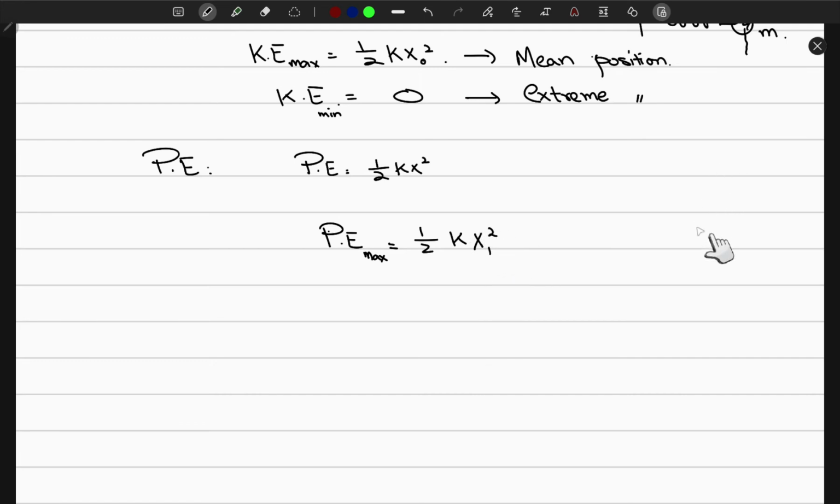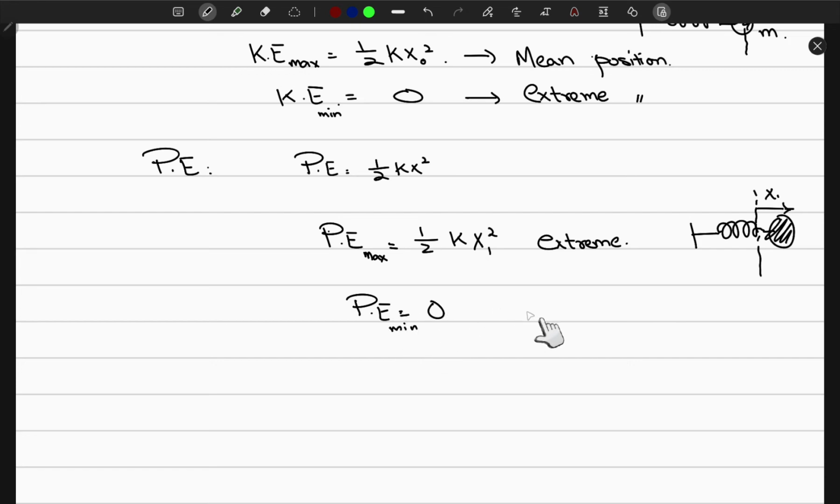Now this x1 is the displacement of this mass at some extreme position. So for example, the mean position was here, and now this is the displacement from that mean position. So that's x1, and hence the potential energy would be maximum at that extreme position, and it would be minimum, which would be 0, at its mean position.